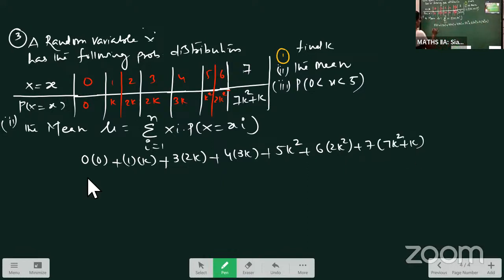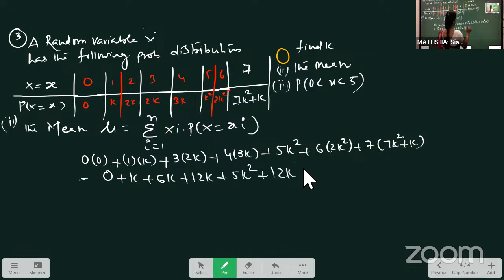So here we multiply: 0, k plus 6k plus 12k plus 5k square plus 12k square plus 49k square plus 7k. Now, k terms first you add here.